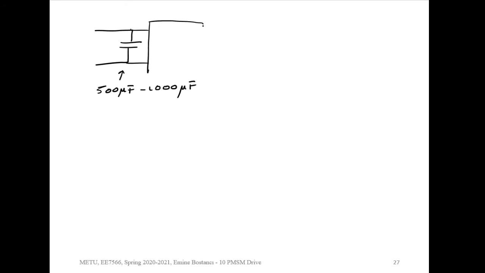So here we are going to have the image. And for sure we need this capacitor, because this is a DC side, so this can only supply the active power, but here we are going to have some power factor, and we also may need the reactive power. So therefore we need this capacitor. If we don't have this capacitor, we cannot supply the reactive power of the inverter.